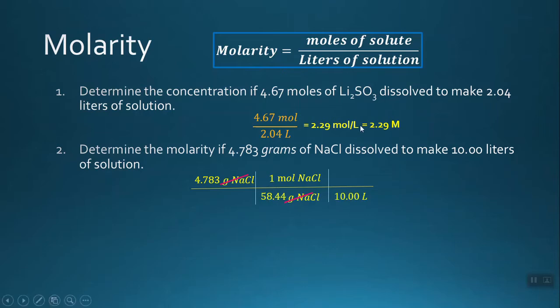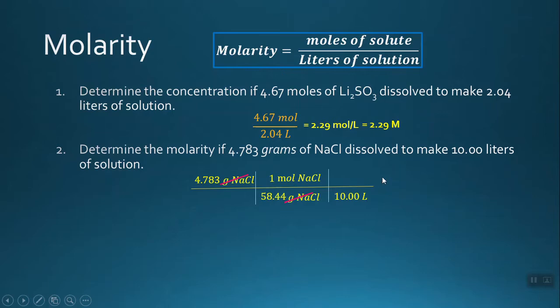Remember the fence is all about writing your units down and canceling when you need to. Across the fence, it does not have to be the same exact unit. We can even manipulate it so that we end up with moles over liters, moles per liter, and that's how we get the molarity.